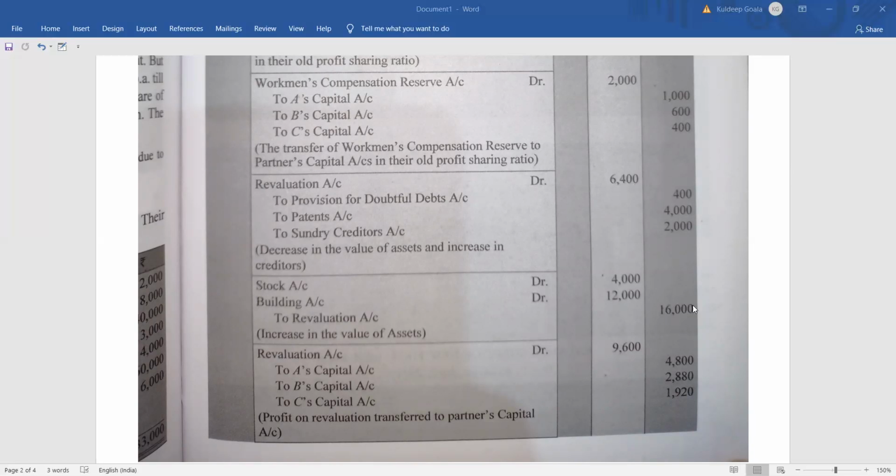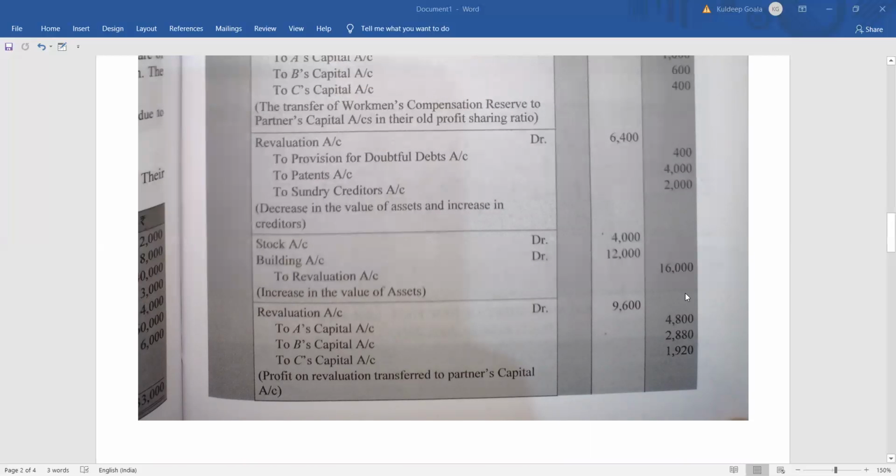Clear? So what is the profit amount? 9,600, isn't it? This 9,600 is the profit amount. This will be transferred to the partners' capital accounts by debiting the revaluation account and crediting the partners' capital accounts.